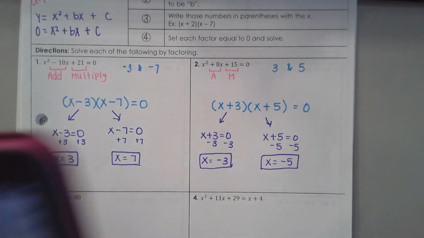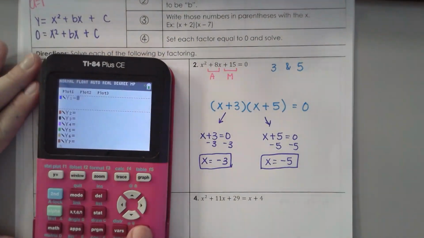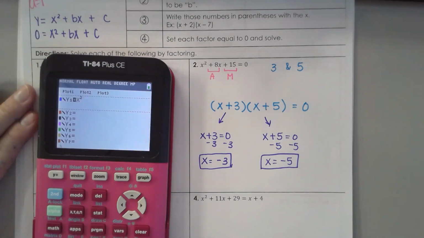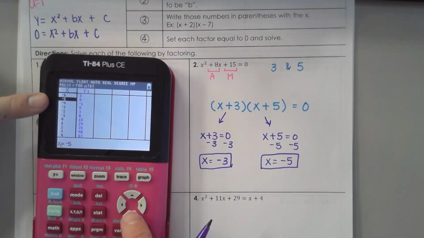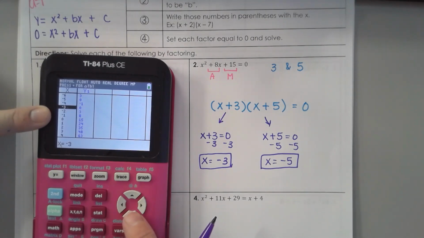If I went to my y equals and typed that in, I could look at the graph, or I could look at the table and see that I have an x-intercept at -5 and an x-intercept at -3.